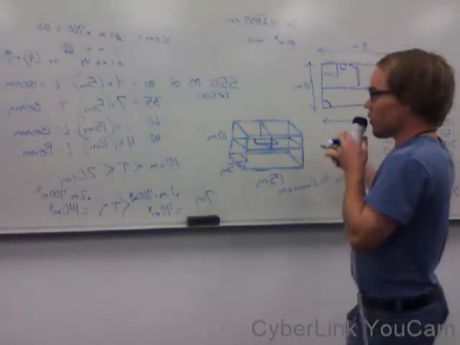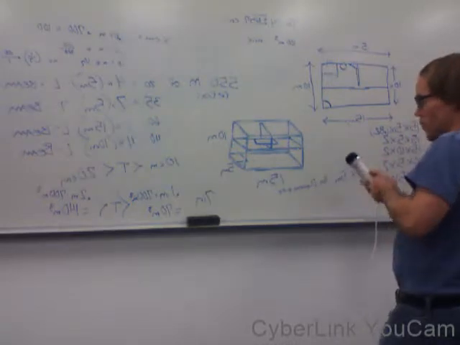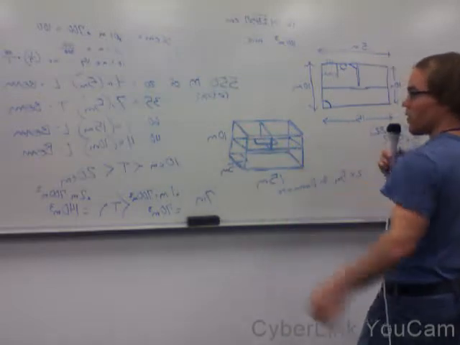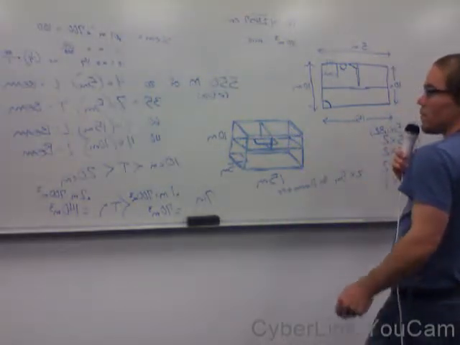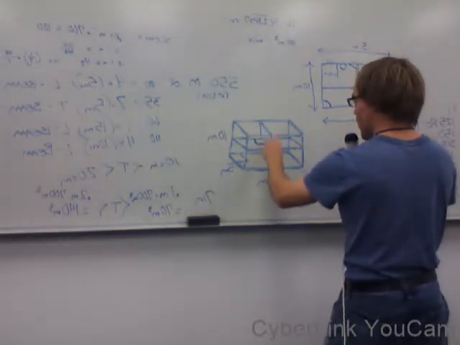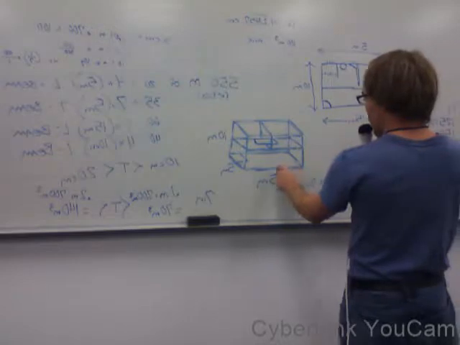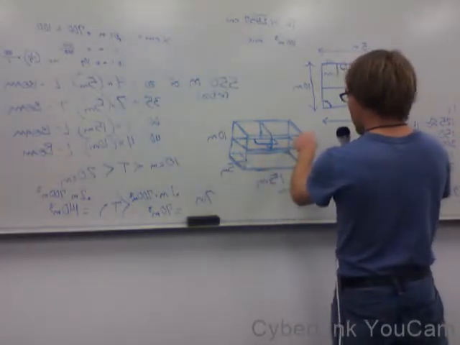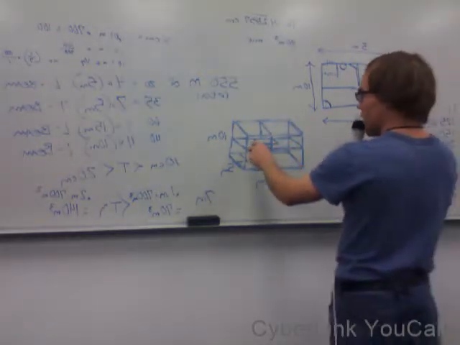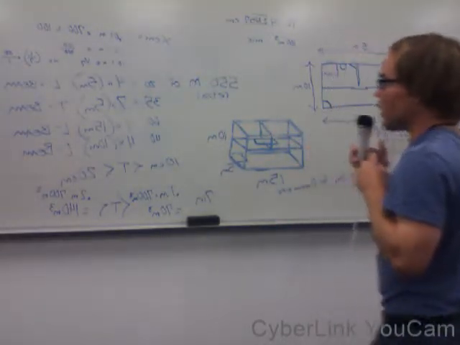So that would be the 4 5-meter sections of L beam, the 7 5-meter sections of T beam, the 4 15-meter sections of L beam, and the 4 10-meter sections of L beam.